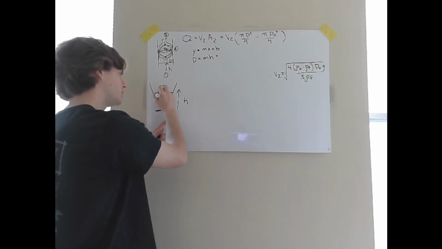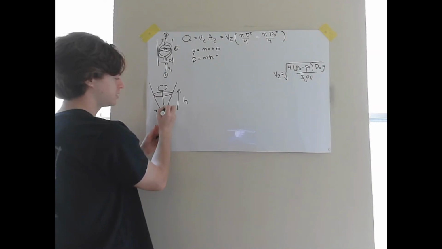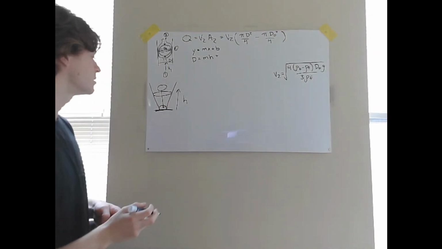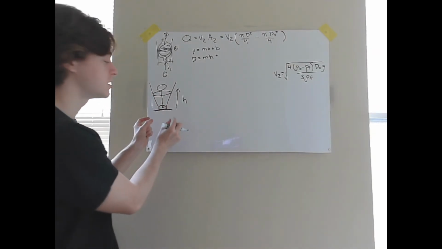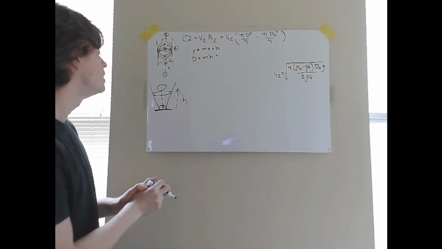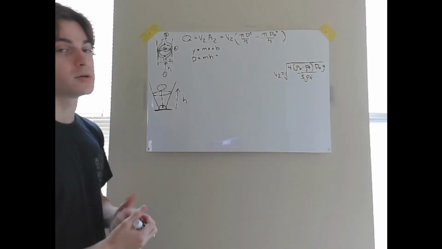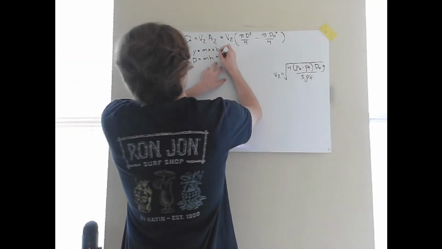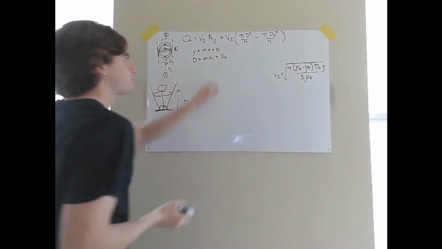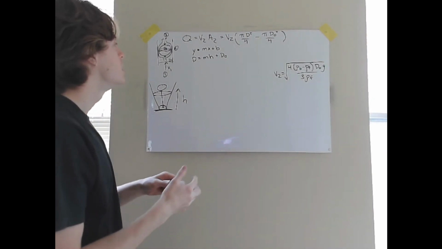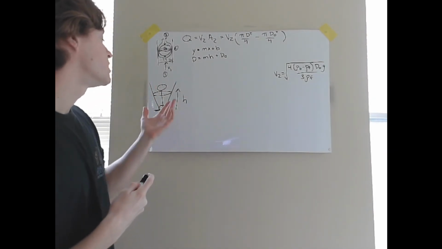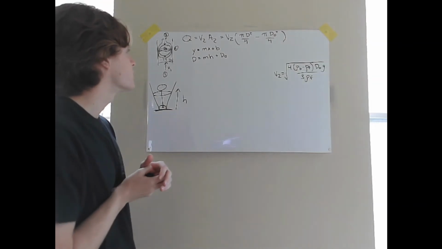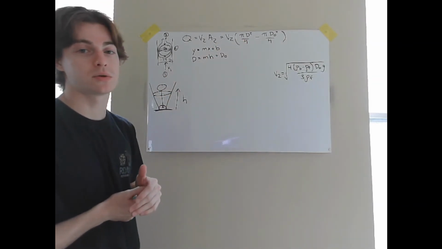But if it moves all the way down, it wedges itself against the pipe, and there's no space between the pipe wall and the ball. So the smallest diameter that it can be is going to be just the diameter of the ball, which we have as D naught. So now that we have the rate of change for the diameter of the pipe, we can go ahead and plug it into our equation.